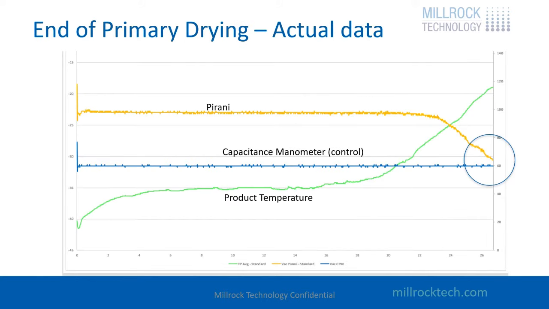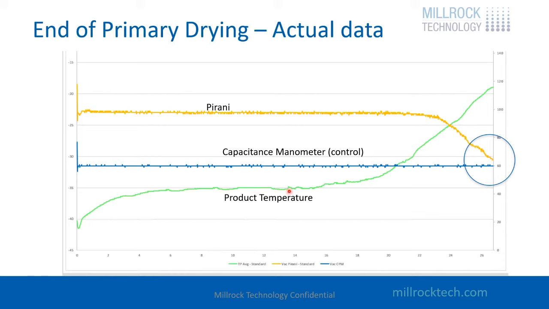Here's a real-life example of a Pirani. We have set the capacitance manometer at 60 millitorr in this case. The Pirani's reading is up around 100 millitorr. At the end of the cycle, the water vapor starts to decrease until it reaches the end of primary drying. Now, also look at the product temperature.